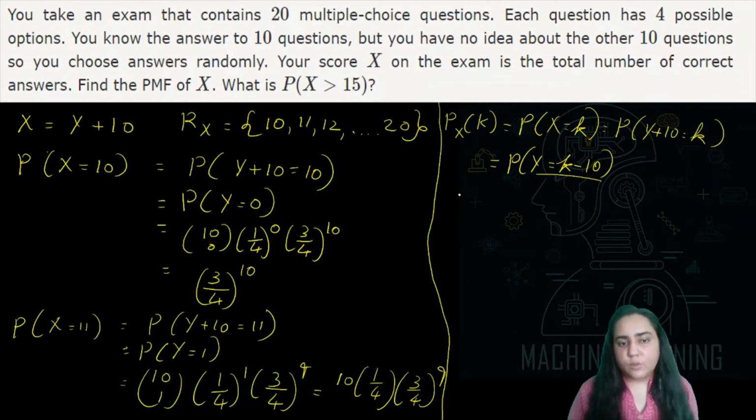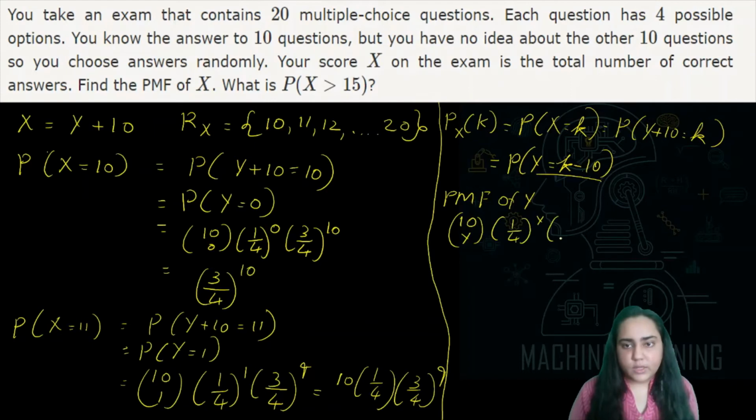So remember the equation that we had for y, which was the PMF of y: 10cy and then 1 by 4 raised to y, and then 3 by 4 raised to 10 minus y. That was the equation.